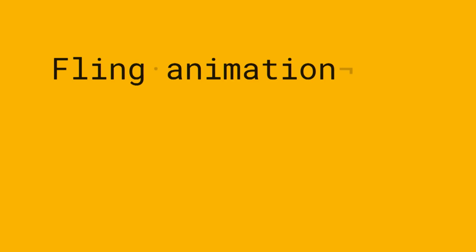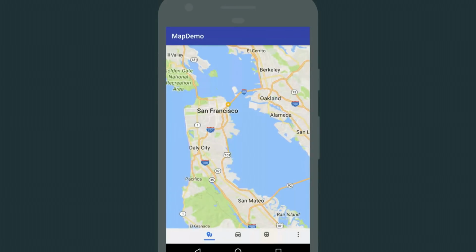Fling animation is one of the animations that we've introduced inside of this physics-based animation library. As the name indicates, it's usually triggered by a fling gesture, and it will start with the same velocity as the fling gesture, then be influenced by a friction force, and eventually it will slow down and come to a stop.